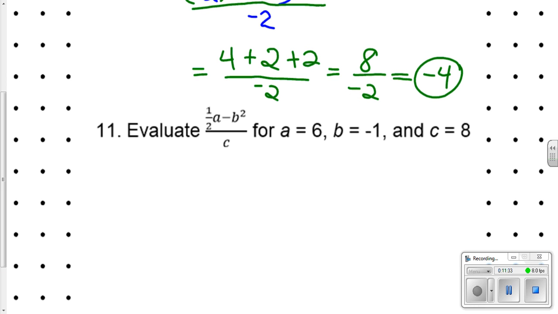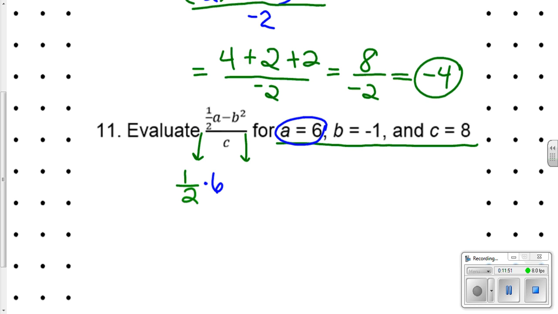Okay, so let's do this again. I'm going to write this down exactly as I see it. Just whenever I encounter a variable or a letter, I'm going to go pull it from this list over here. So 1/2. Okay, I'm going to write 1/2. It says A, so I need to go see what A is. I see over here that it's 6. Okay, so 1/2 times 6. Okay, minus, it says B. Well, again, I'm going to come over here.